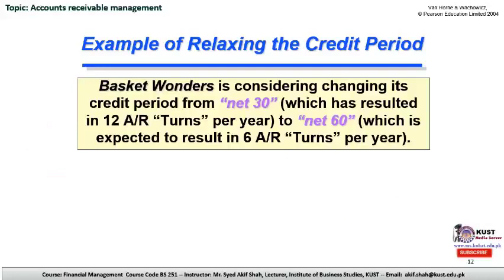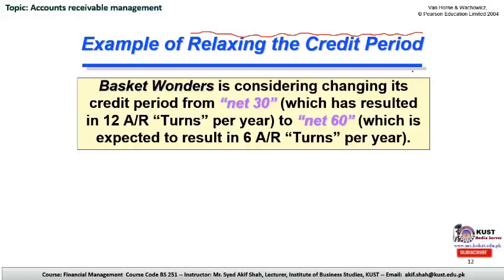So let's take an example of a numerical case with a particular company. That is, we are going to relax the credit period to our customer. By relaxation, we mean that previously they would have been required to pay out their obligation, let's suppose, in 30 days, and now we are relaxing our credit time period to the customer to pay out their obligation in the next 60 days.